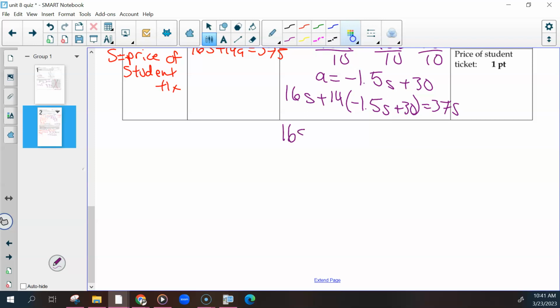You have 16s minus 21s plus 420. Combine your left terms. Get rid of your 420.